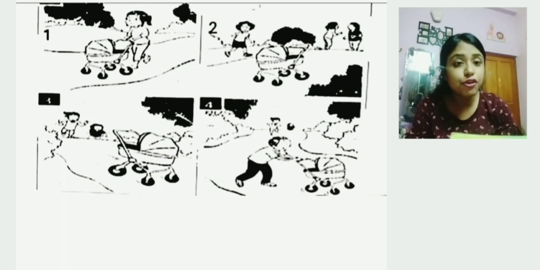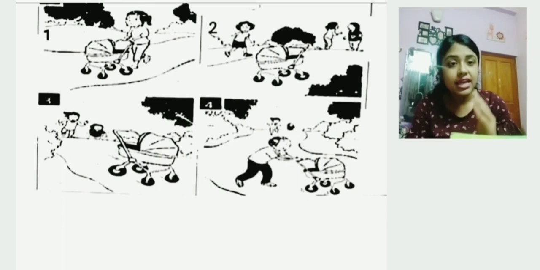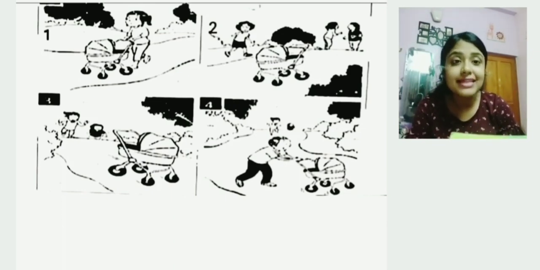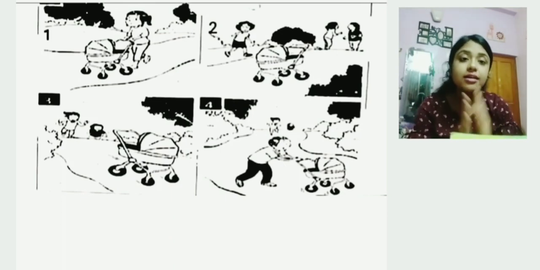And in the 4th picture, there is a passerby who catches the pram and saves the woman's day. He saves any accident from taking place, right? He saves the child, he saves the woman's day.